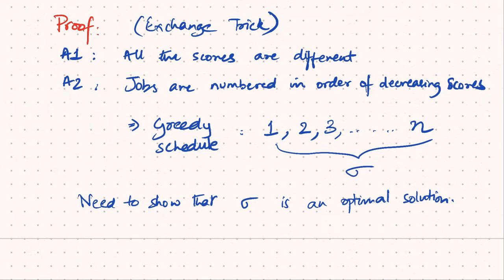Now this proof uses the exchange trick, but we will prove it by contradiction. So let's suppose that sigma is not optimal.